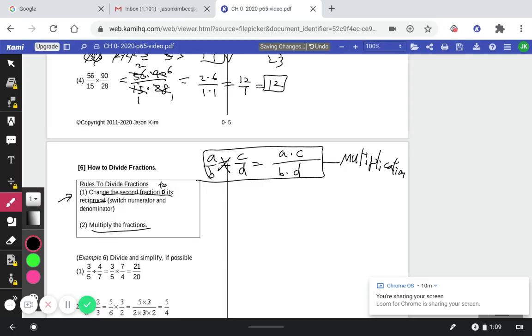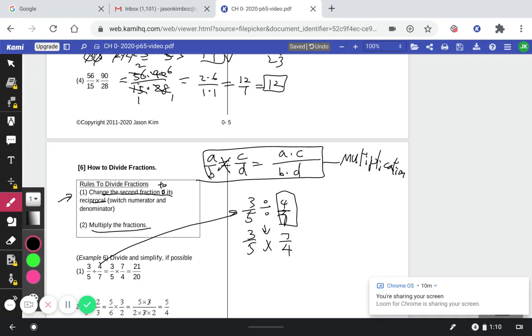So what you do is like this. Whenever you have a fraction division, you change it into multiplication, and then you put the reciprocal on the second one, which means upside down on the second one.